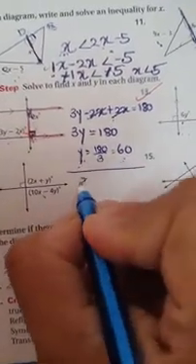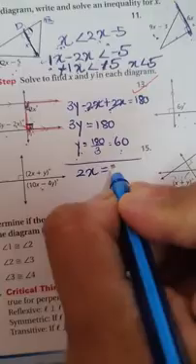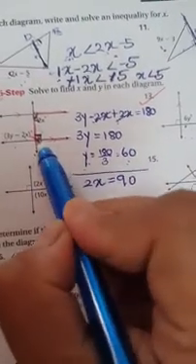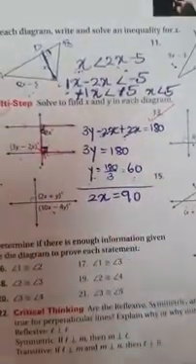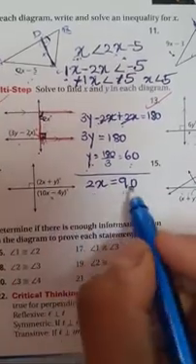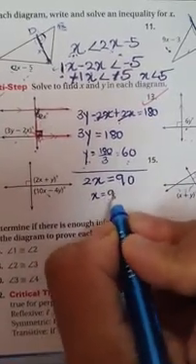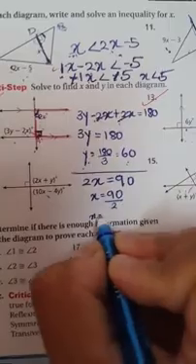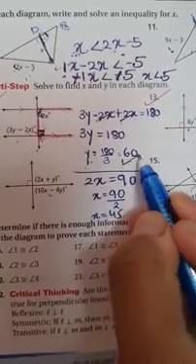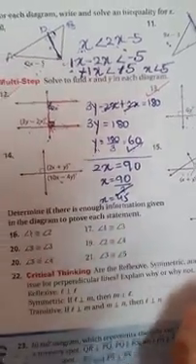So we can write this like this: 2x is equal to 90, because this is already 90 and this is also going to be 90. So x is equal to 90 by 2, which is equal to 45. So the value of y is 60 and x is 45.